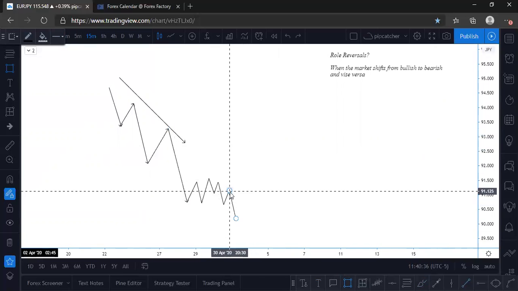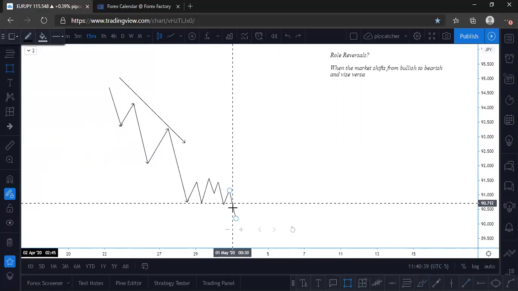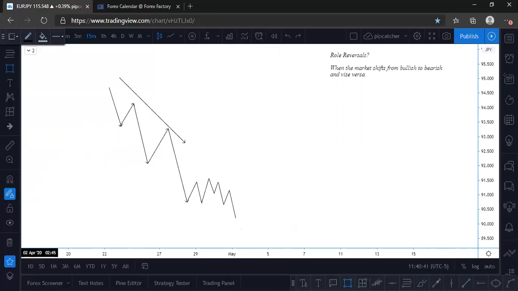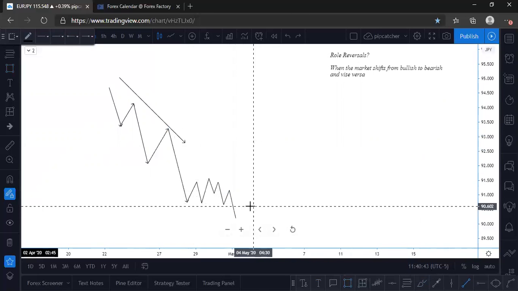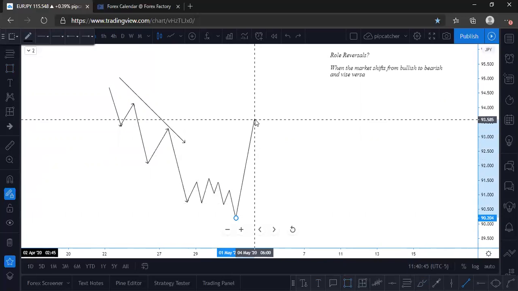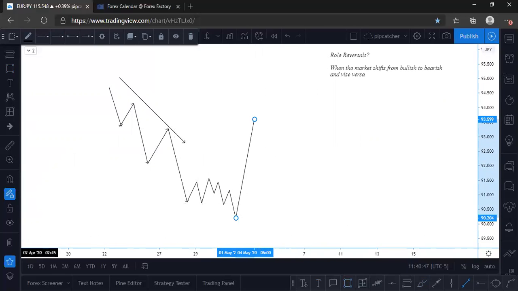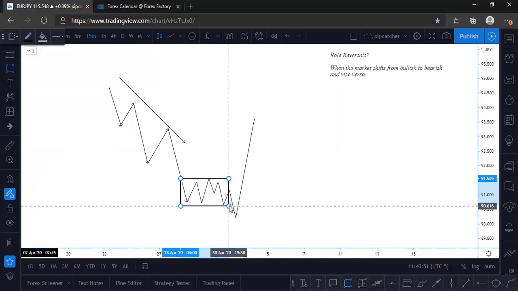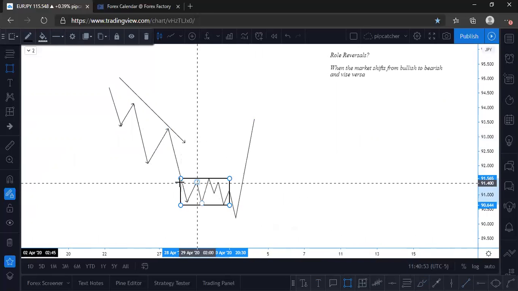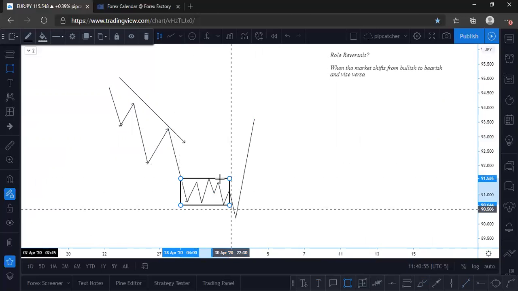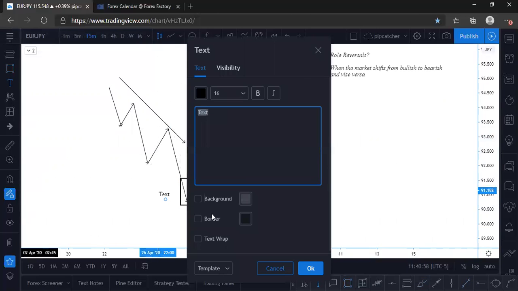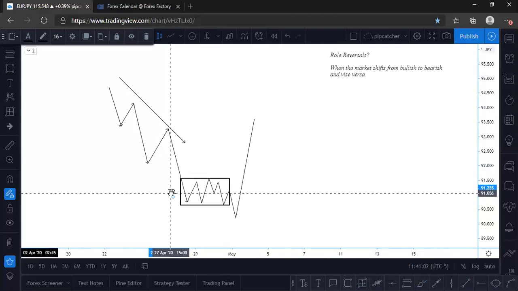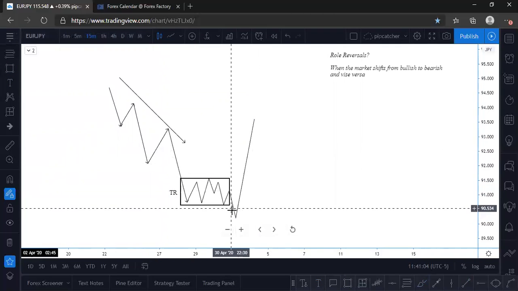We identify that there is an aggressive push down, and then we need to see that push back up, right? Because we need to know what we're looking for after this accumulation, after this trading range right here. When we break out of this trading range, we need to know what we're looking for.